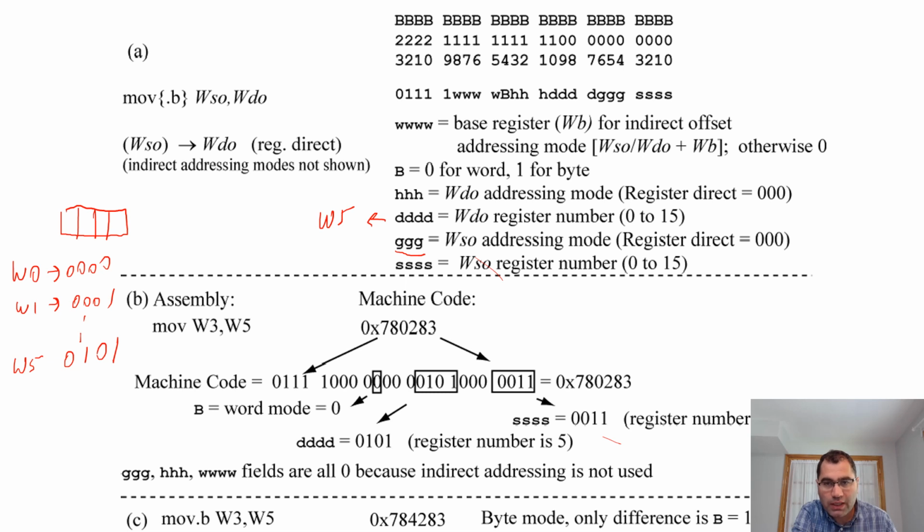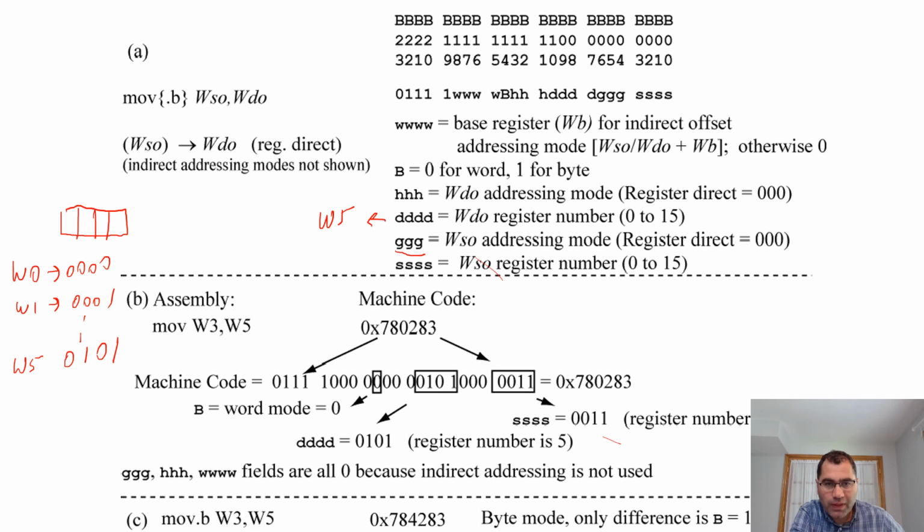So how do we know that? There is a table in the data sheet that shows all that. If you go back to the data sheet or the programmer's reference manual, you'll have more information about that. All this information you get from either the data sheet or the reference manual.